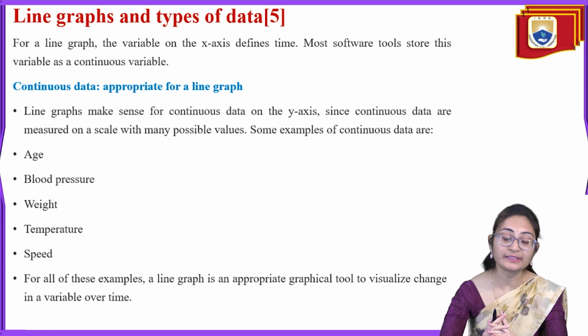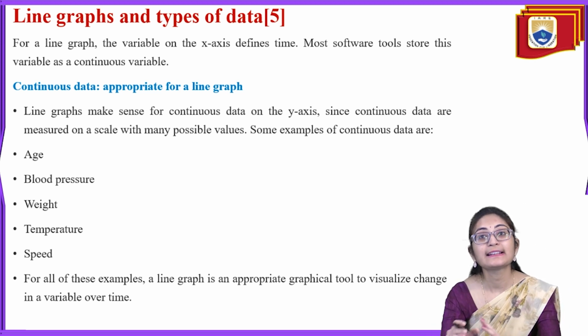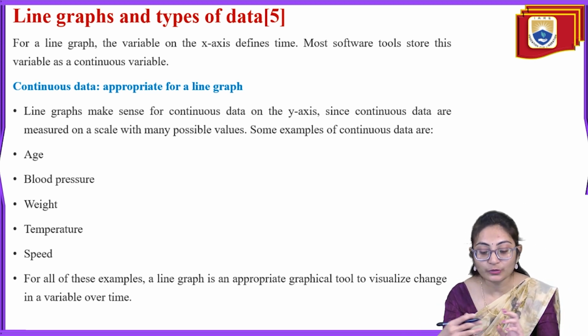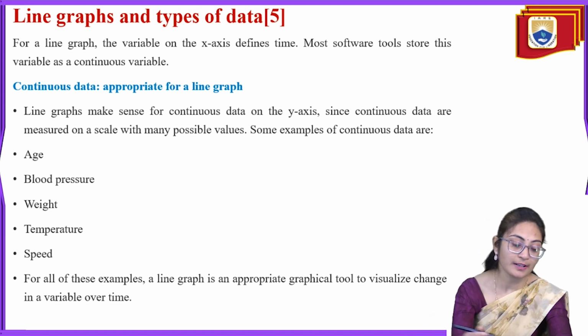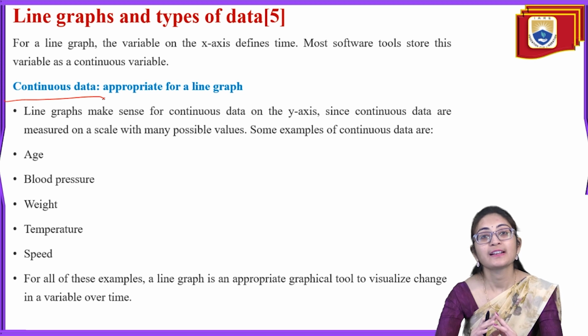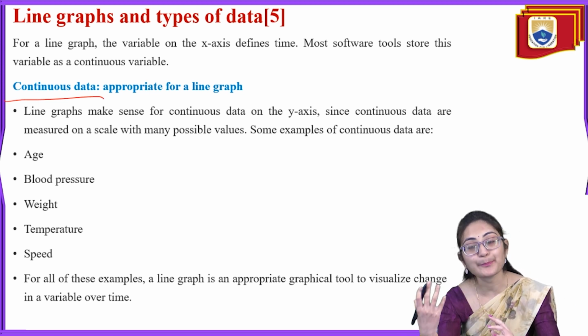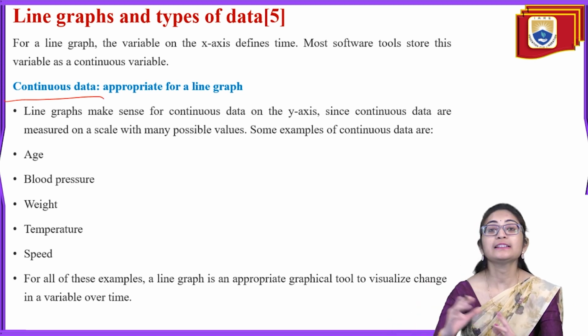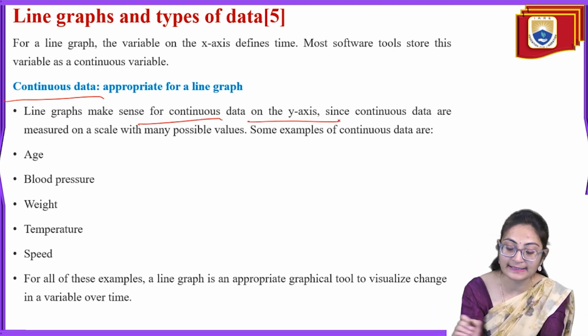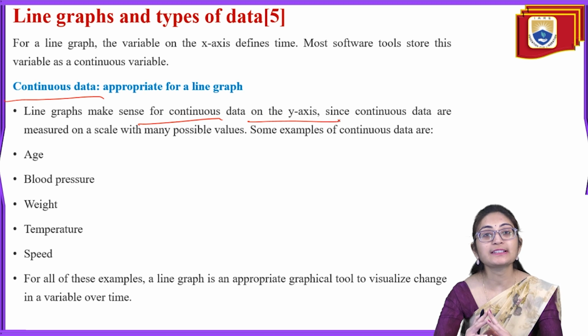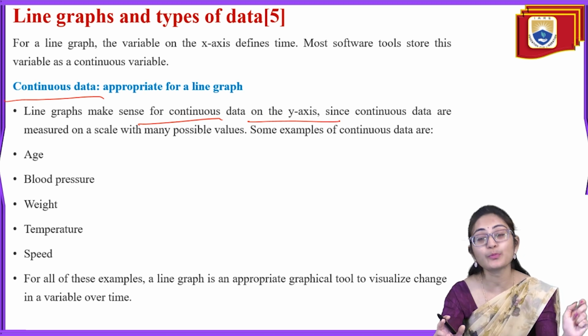Then line graphs and types of data. For a line graph, generally the variable on the x-axis defines the time, and software tools generally store this variable as a continuous variable. First is continuous data. Continuous data is appropriate for the line graph. The line graph generally makes sense for continuous data on the y-axis, since continuous data are measured on a scale with many possible values.